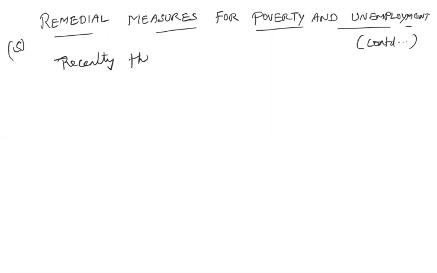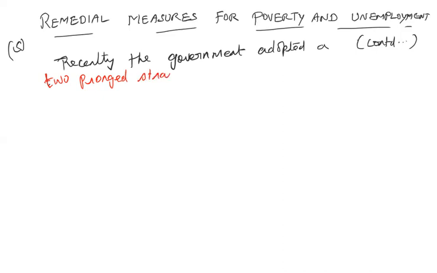Recently, in the sense that starting from 2000, the government adopted a two-pronged strategy because whatever the programs initiated, the government continuously kept on initiating for different categories of unemployment in the country. So the government wanted to check and change the strategy and see whether it is beneficial. Okay, two-pronged strategy to remove the problem of unemployment and poverty.